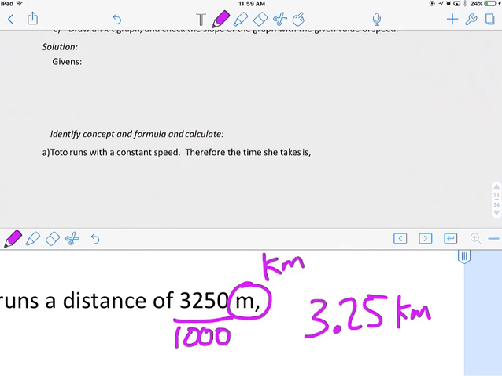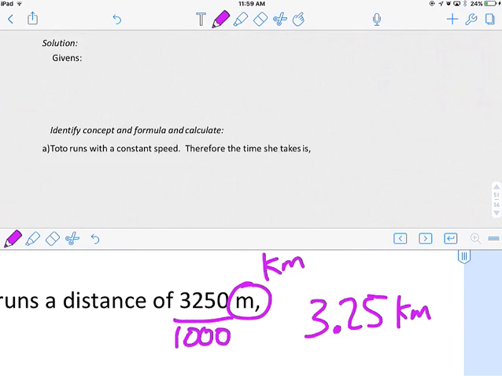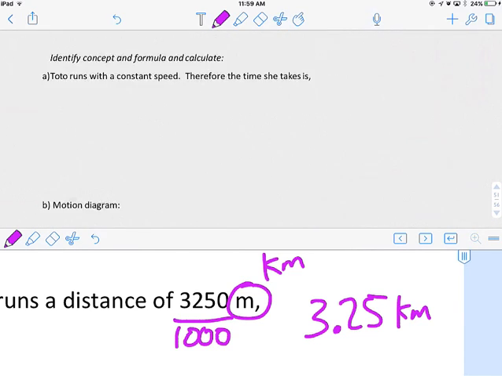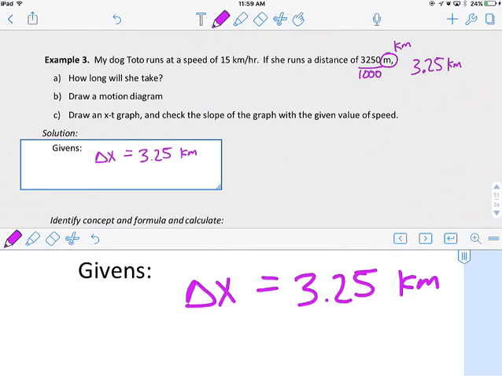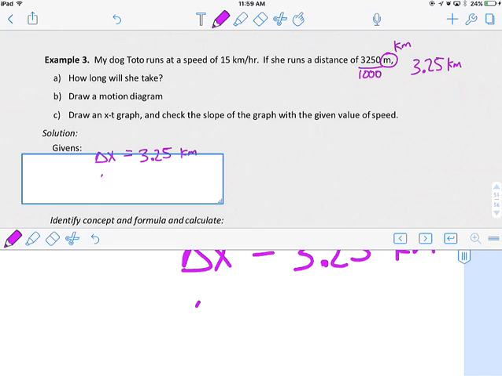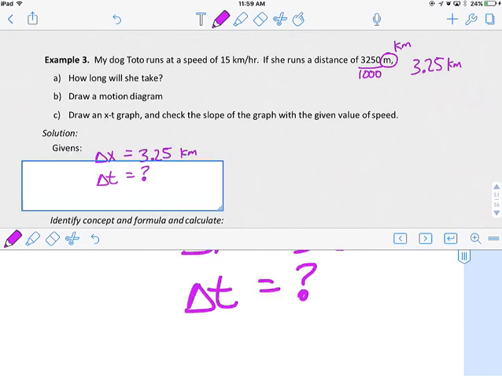Okay, it's got some places there for me to work with. So here are my givens. My triangle x is 3.25 kilometers. My triangle t is what I'm looking for, so I'm going to put a question mark there.